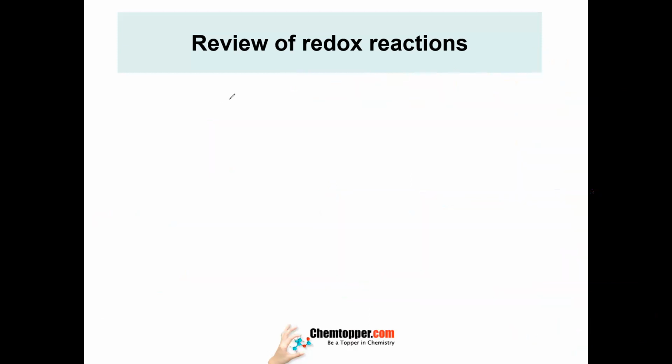Okay, Cr2O7 2 minus to Cr3 plus. Identify, is it oxidation or reduction? So work out the oxidation number of chromium here. This is 2 minus, right?